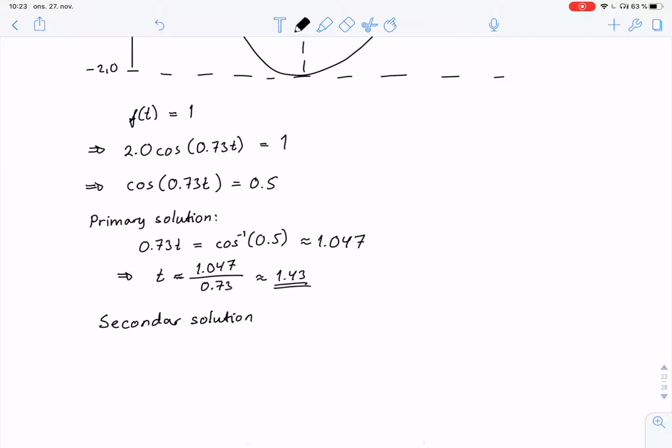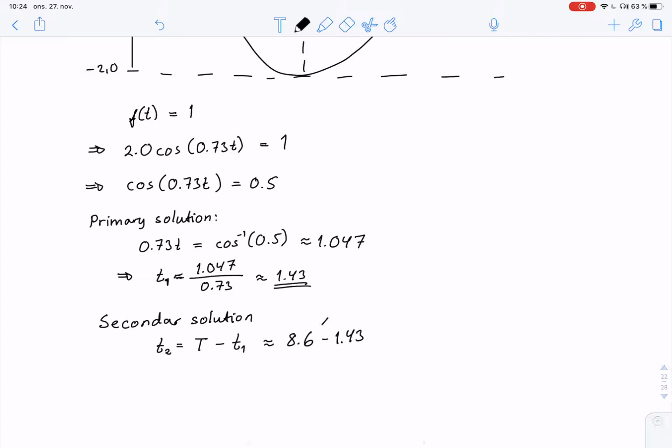So our secondary solution would be our period minus, we could put a t1 and a t2 here. So then we can take our primary solution as t1. And that would be 8.6 minus the 1.43 thing.